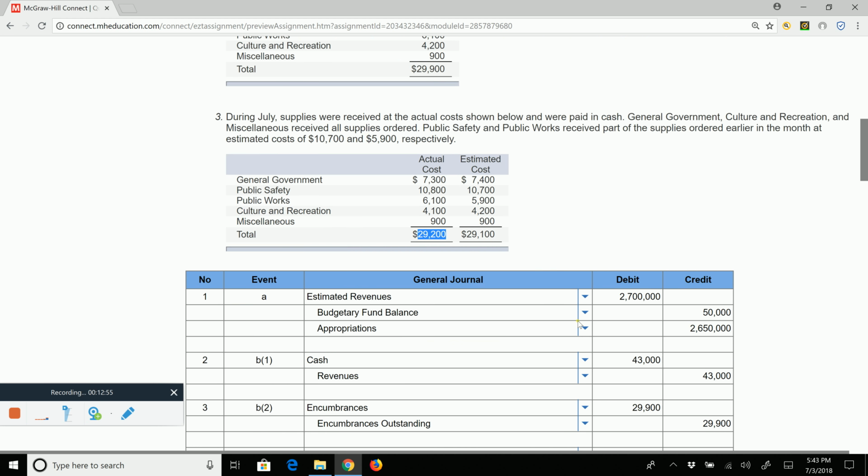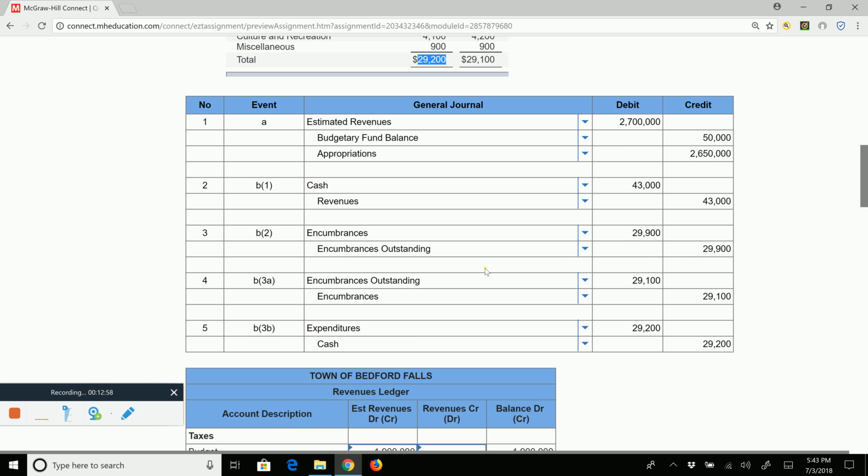So here are the journal entries. There are two. When the supplies are received, the first thing you do is reverse the encumbrance. If you take a look at journal entry B3A, what is it doing? This journal entry is reversing B2, at least the accounts. Instead of crediting encumbrance outstanding as we did in journal entry B2, we're debiting encumbrance outstanding for the $29,100, and we're crediting the encumbrance.